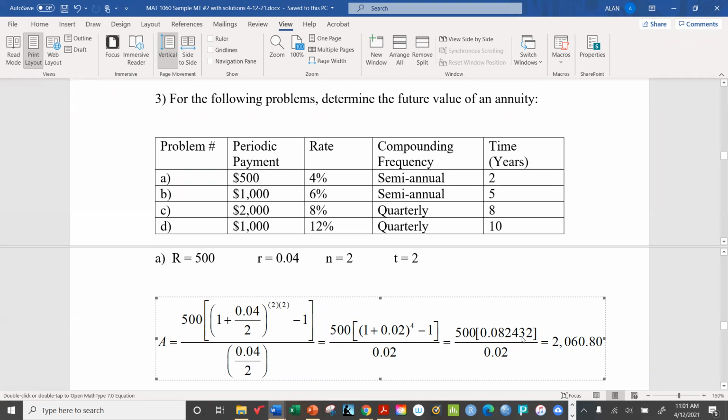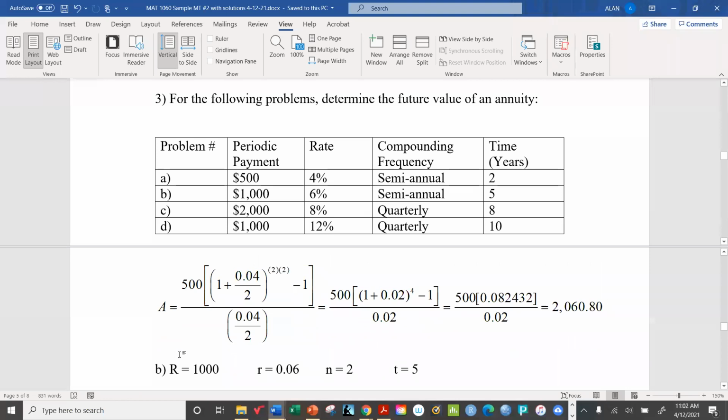That is probably enough digits for these problems because we're rounding to dollars and cents. Once that's been finished, you can simply multiply the 500 by what's in the brackets. Don't forget to hit the equal sign and then divide by 0.02.